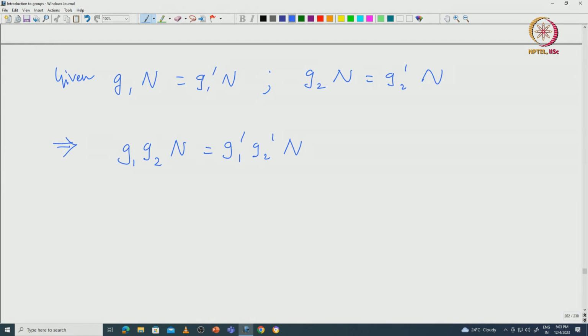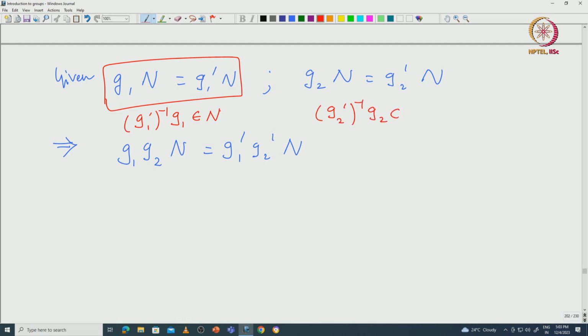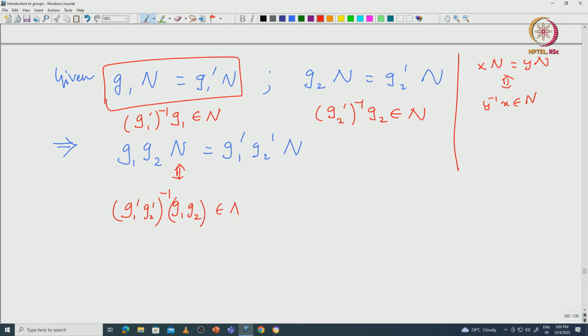So note that G1 N equals G1 dash N is equivalent to G1 dash inverse G1 being in N. Similarly, G2 N equals G2 dash N is equivalent to G2 dash inverse G2 being in capital N. Recall that X N equals Y N if and only if Y inverse X is in N. This is something we have already proved: two left cosets are equal if and only if Y inverse X is inside N. So using this, the claim is equivalent to G1 dash G2 dash inverse G1 G2 being in N. But what is this?